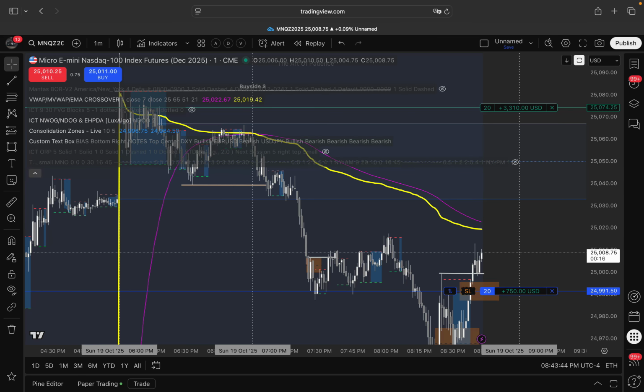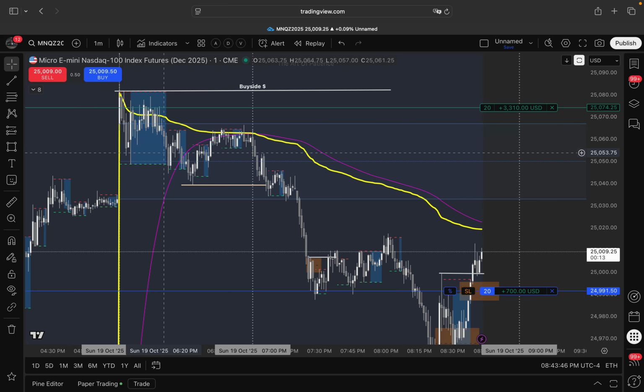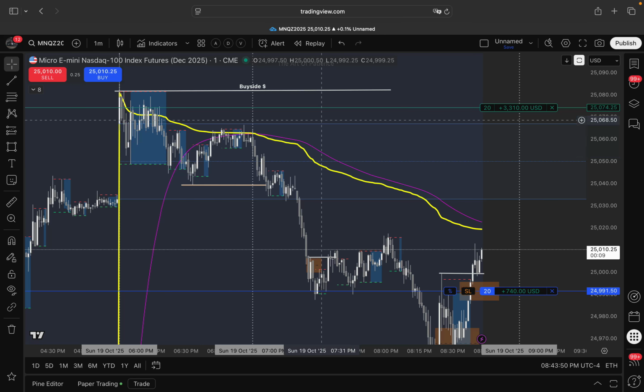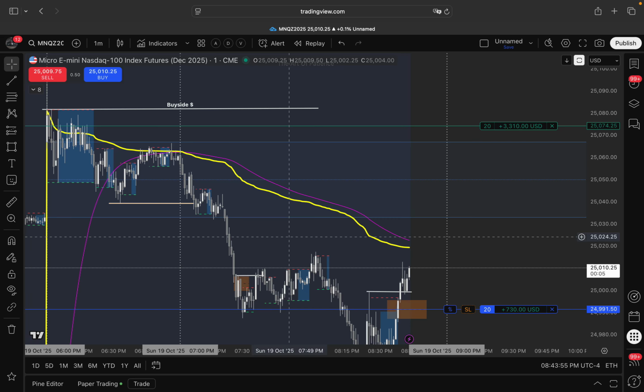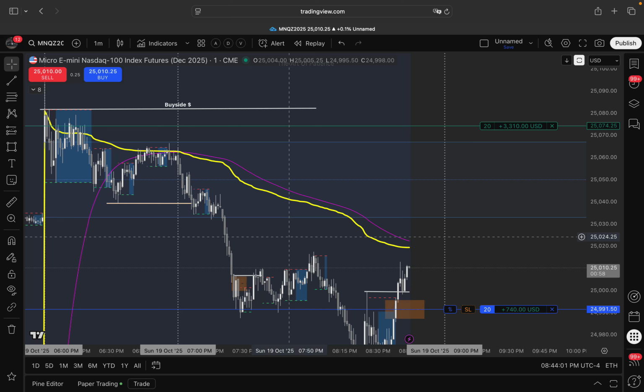That is the Asian fair value gap, the first presented fair value gap from Asia. Again, this is a huge fair value gap, indicating that it's going to be a low resistance. So as soon as it takes out this buy side or sell side, price is going to run up to the opposing liquidity real smoothly. So it's going to be a smooth trade.